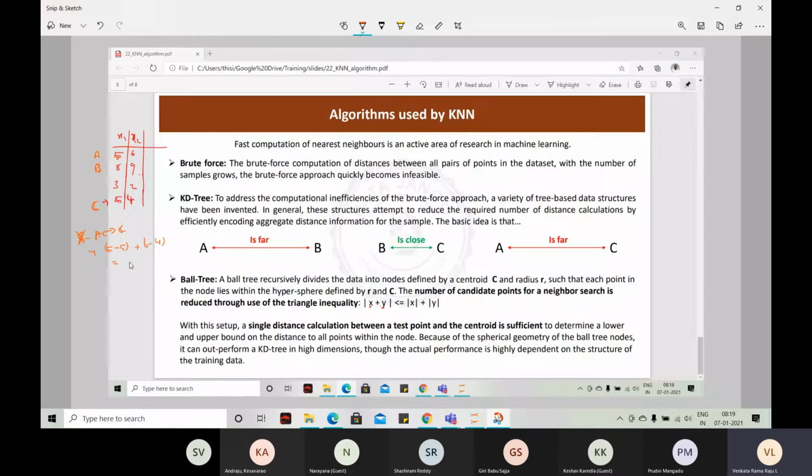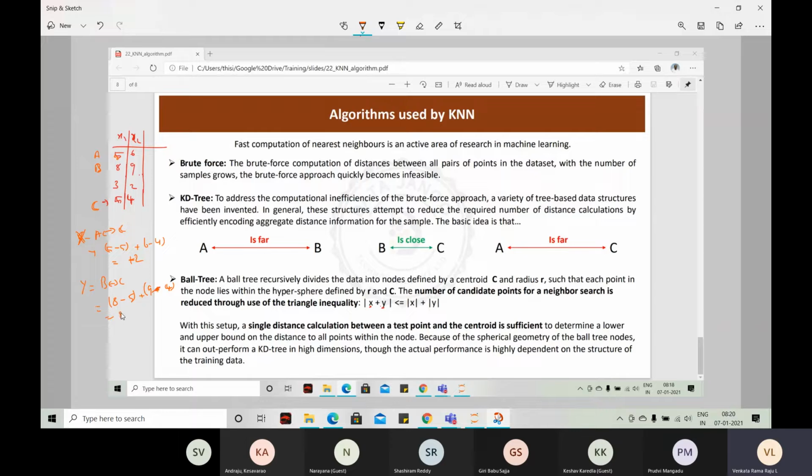That's going to be plus 2. And Y, I'll say the distance between B and C. Now I'll take 8 minus 5 plus 9 minus 4. Both I got positive.